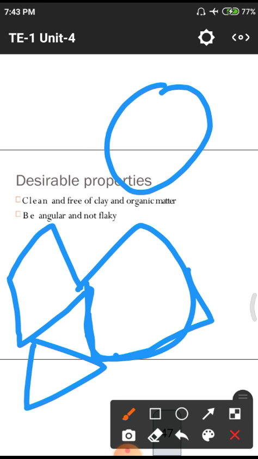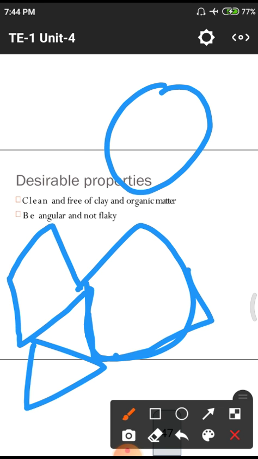In the voids we use the binding material, so that the binding material picks up all the angular particles in proper shape. Whenever we use round aggregates, due to the round nature there is less friction between aggregate and aggregate, so we obtain less compressive strength.